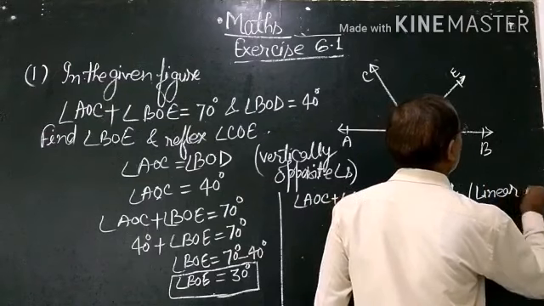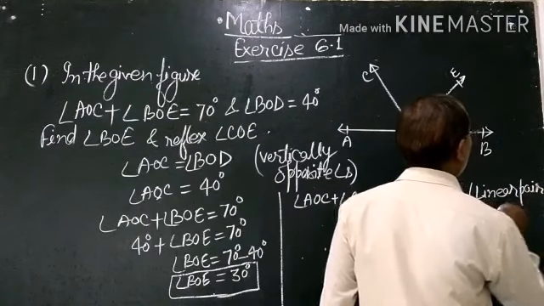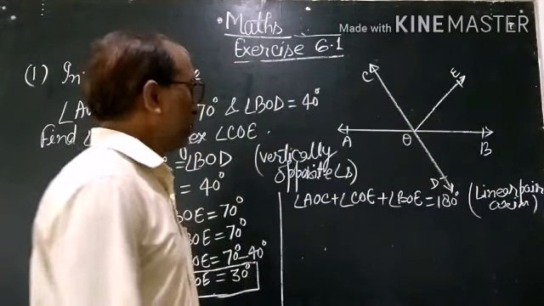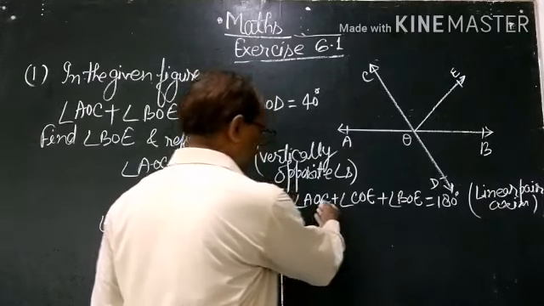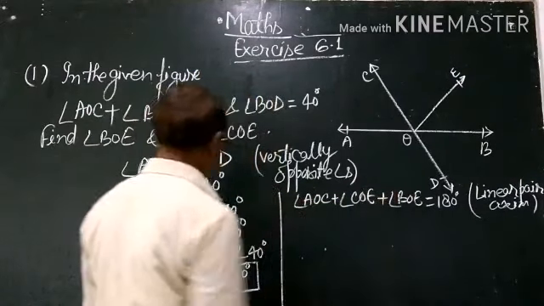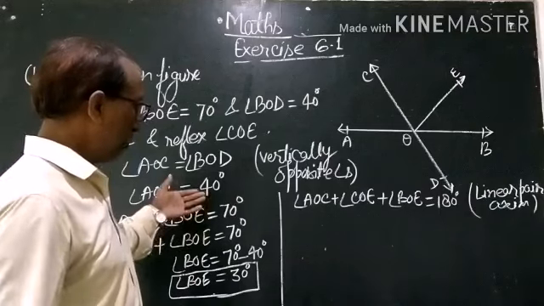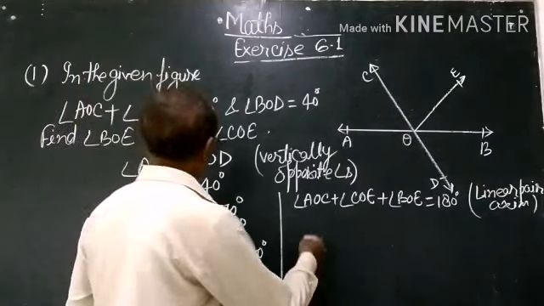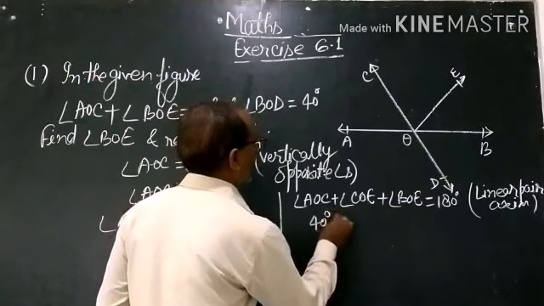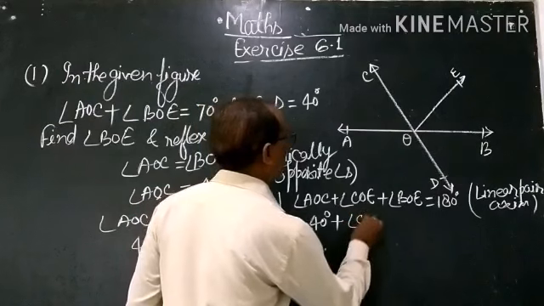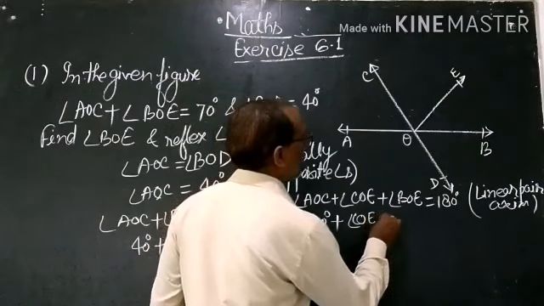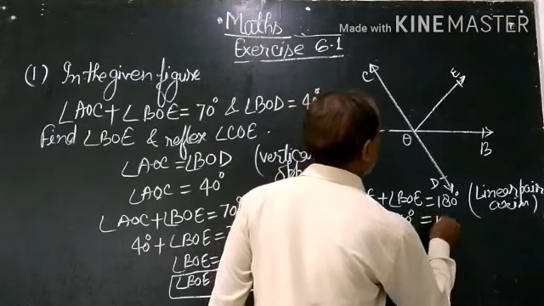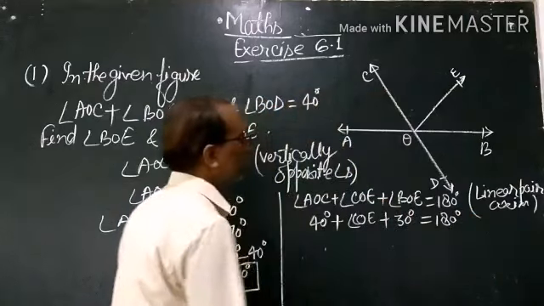You write the value of angle AOC and angle BOE because these are solved here. Then you write down angle AOC is equal to 40 degrees, angle COE is not known, plus angle BOE is equal to 30 degrees, that is equal to 180 degrees.